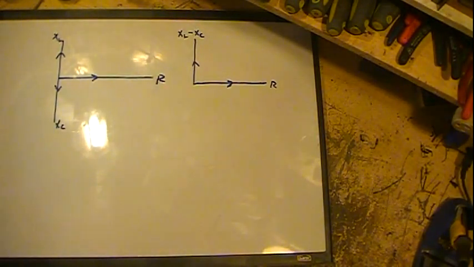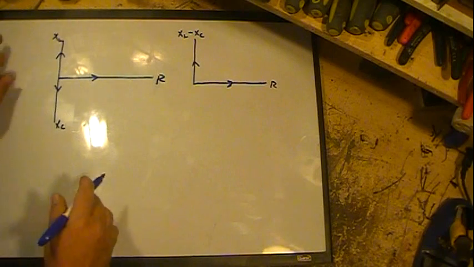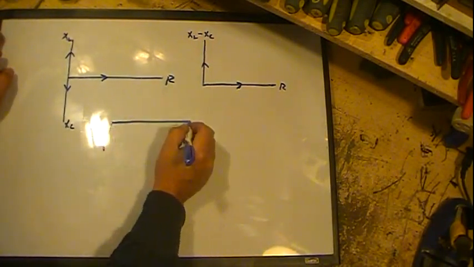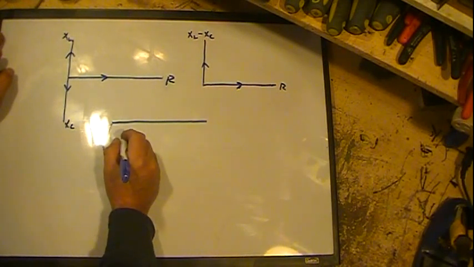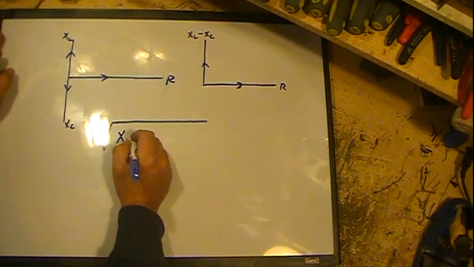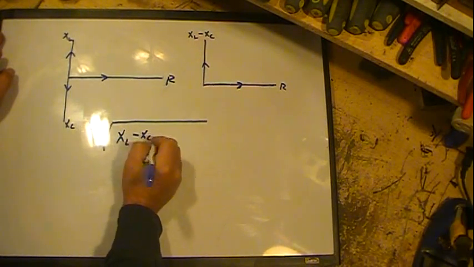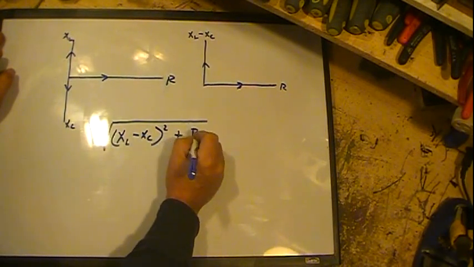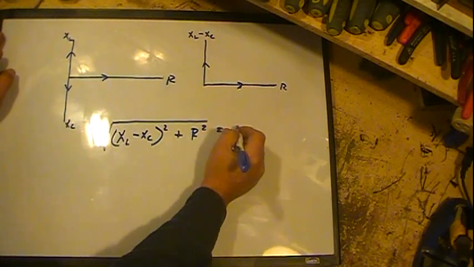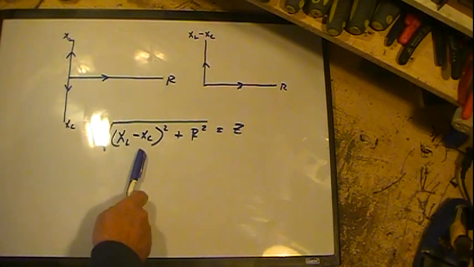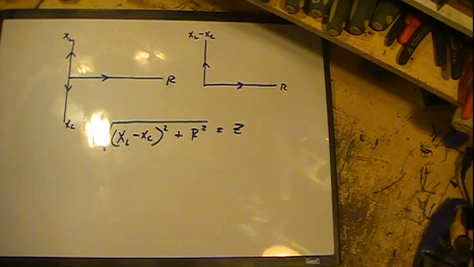But this resultant does. Now by making use of that, the full formula for impedance is this: X sub L minus X sub C, that squared, plus R squared will equal Z, or impedance, when you have an inductor, capacitor, and resistor in a circuit.